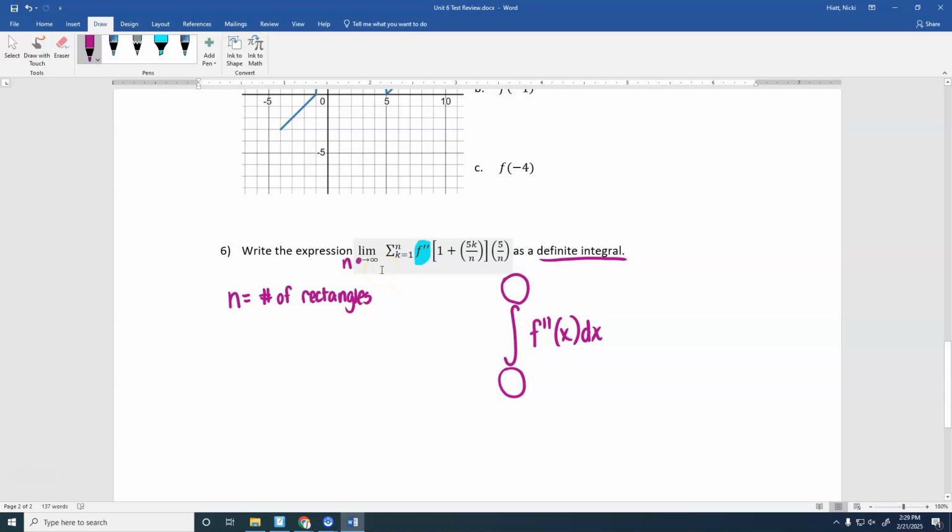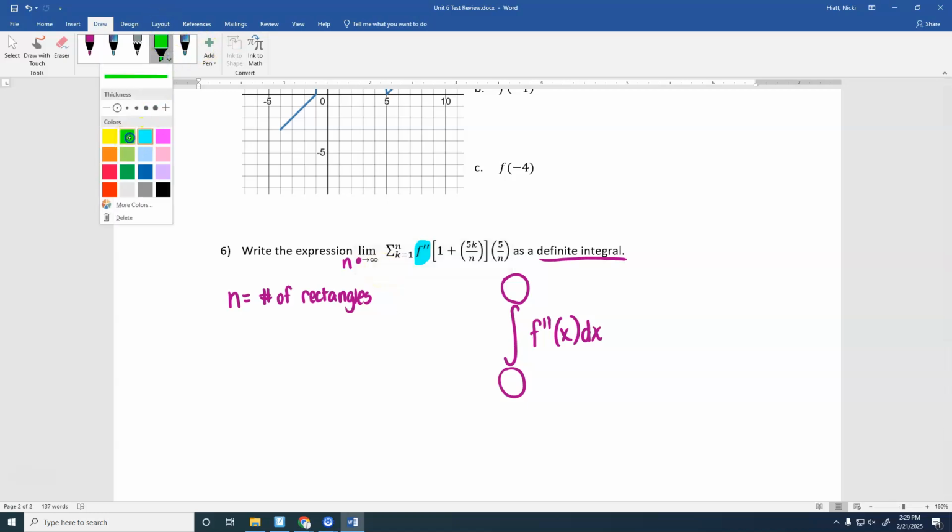So this part right here, you will almost always have some number divided by the number of rectangles. This is the width of each rectangle.